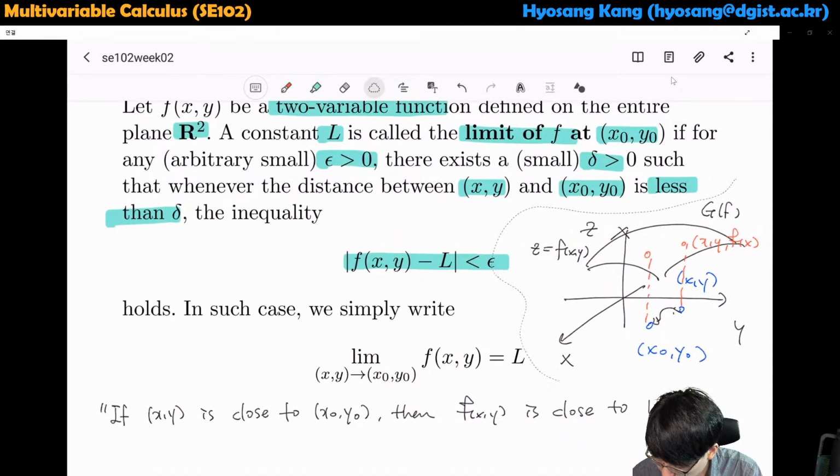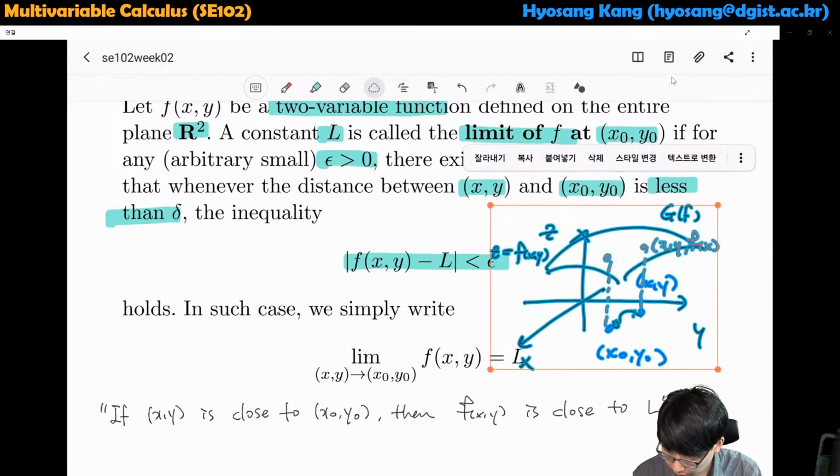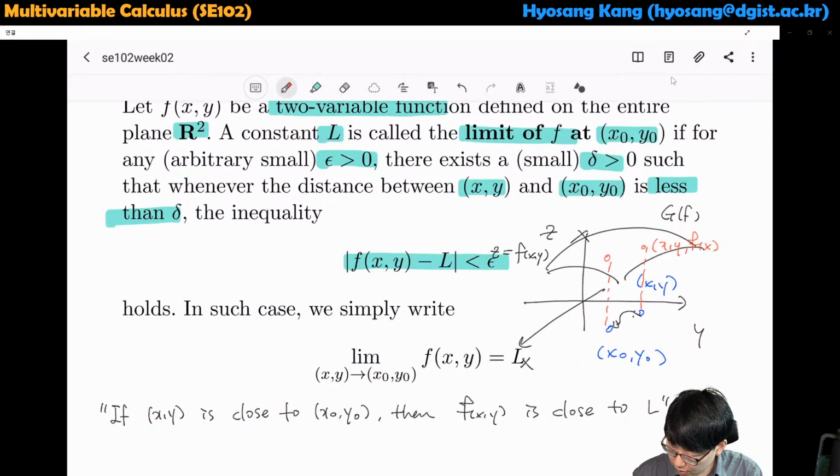Let's move this picture here. Okay. Here we have a point (x, y), and here we have a point (x0, y0, f(x0, y0)), right? So if (x, y) moves towards (x0, y0), then these points on the surface, on the graph of the function, also move towards the desired points here, right? So when it does, we're only looking at the coordinate of the z axis.